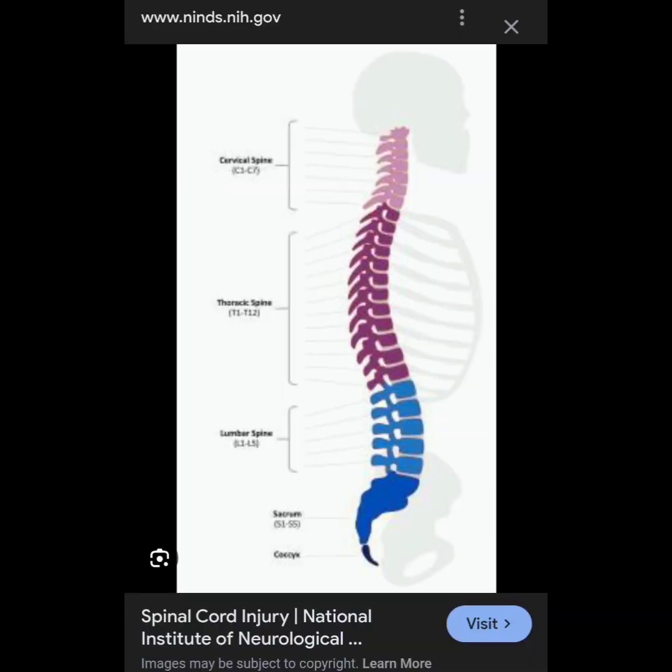Then another thing I can tell you, most times when people say, oh, what level is your injury? A person that is aware that you have a spinal cord injury will say, oh, what level is your injury? The level of injury they are referring to is whether you have a complete spinal cord injury or an incomplete spinal cord injury.